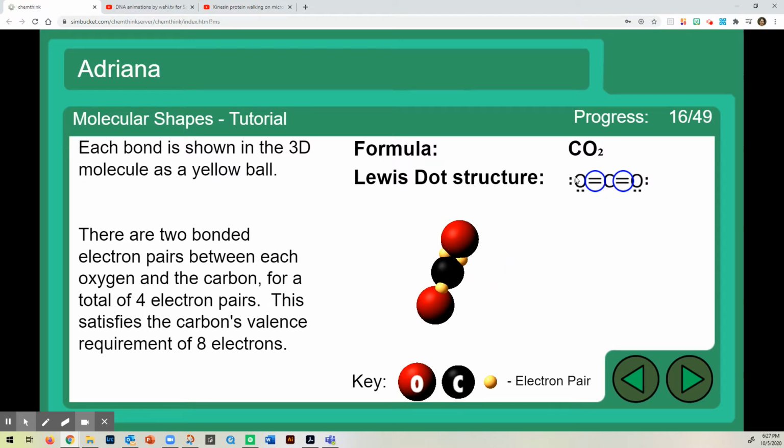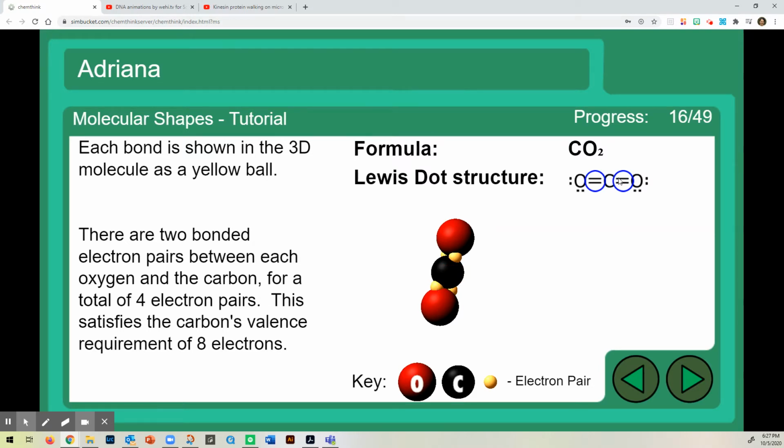If we look here, this red sphere represents this oxygen atom. And it has 2 bonds, so that's represented by 2 of these yellow balls. Then we have our carbon atom, which is typically represented in black. And then we should have 2 more bonds in between the carbon and the next oxygen. Let's rotate this. Yep, sure enough, there it is.